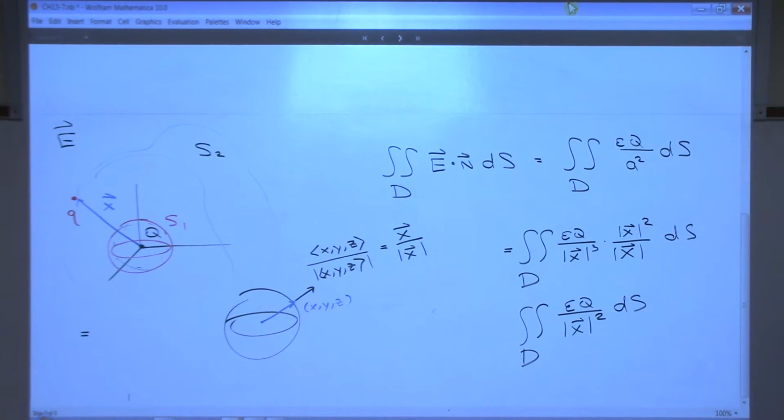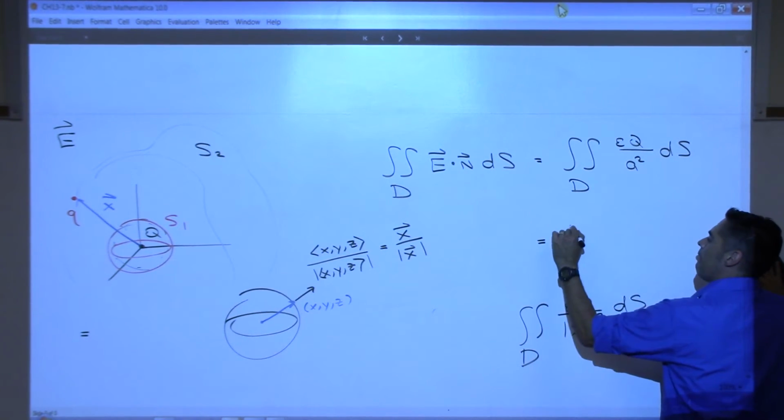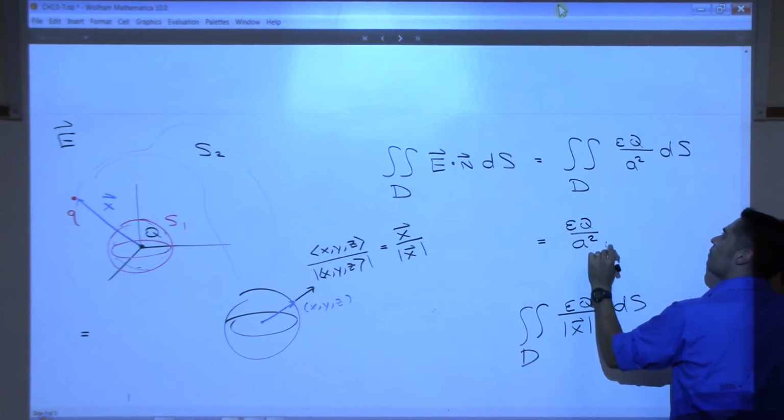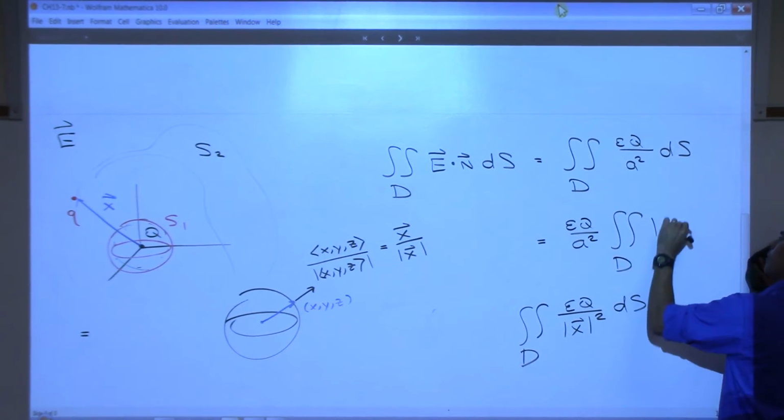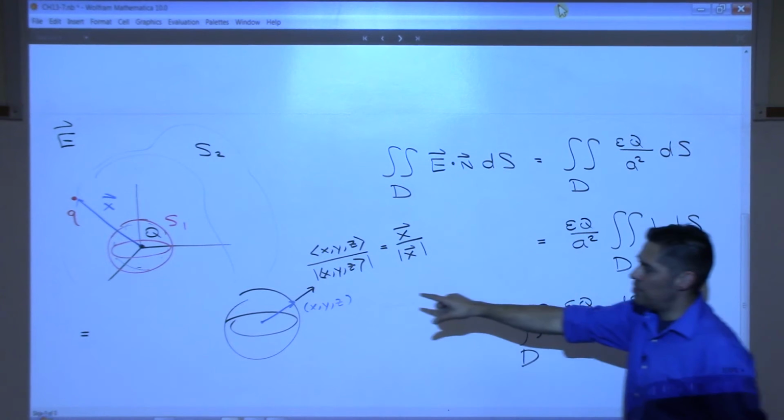And if you recognize now, let me check something here. No, we're good. Isn't everything here constant? Which is the surface area of my surface, which is the surface area of this sphere.